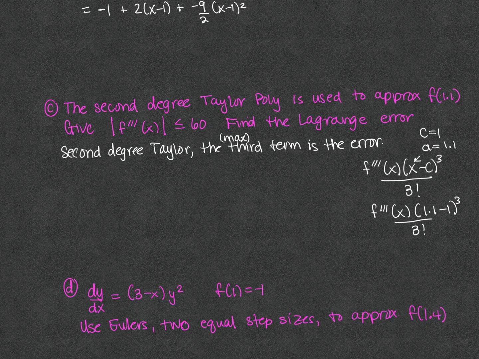So what I would really write is we want the Lagrange error, which maximizes the first omitted term.